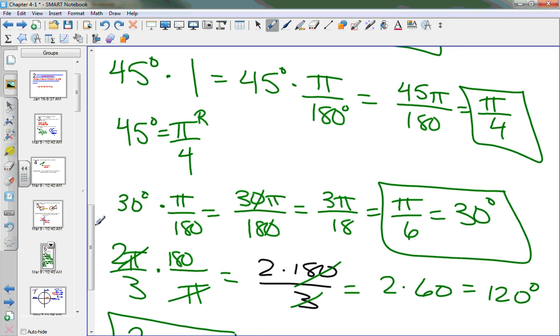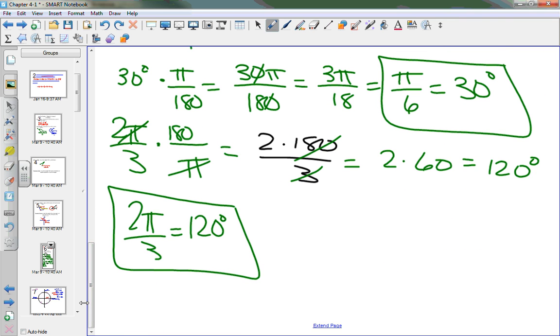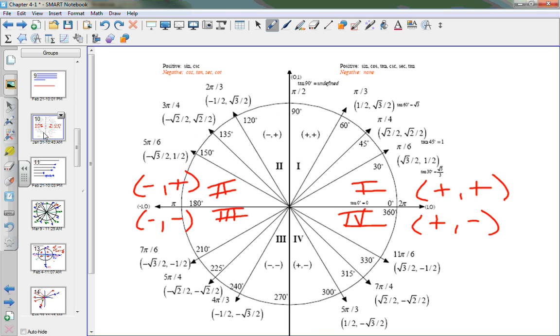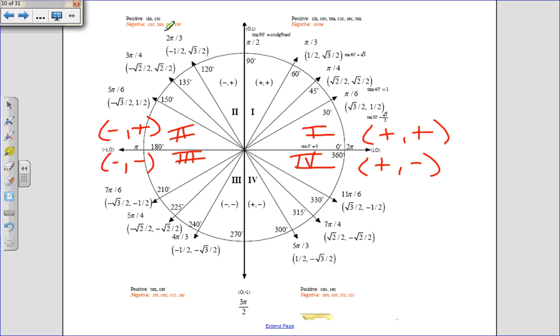Now, why am I showing you guys this stuff? Because eventually you are going to memorize this and have a test over it, and this is going to be a 76-point test that will have to be done within 20 minutes. You have to be able to do your unit circle with all the degrees, the radians, the sine and cosine values, the quadrants, and the tangents.